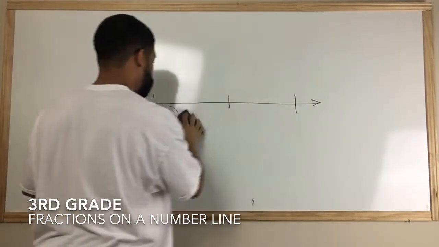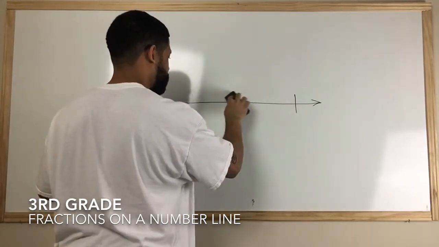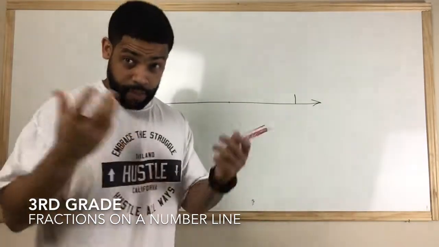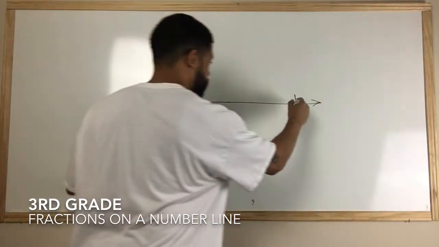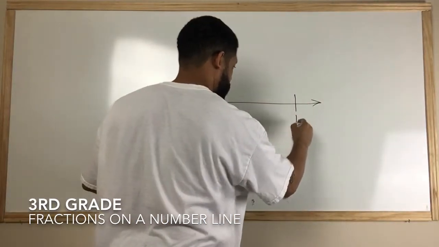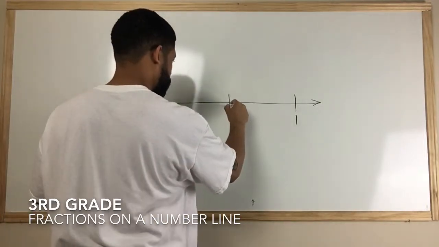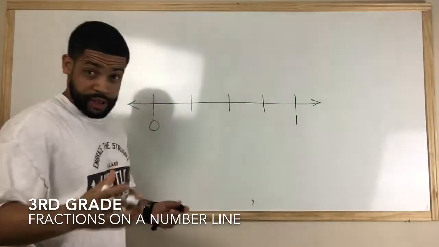The important thing here is how we break this number line up: the number of sections, which is kind of like the number of pieces. They're all going to be equal size. Let's put our 1 again here, and let's go a little larger. Let's say we break this up into 4 sections.